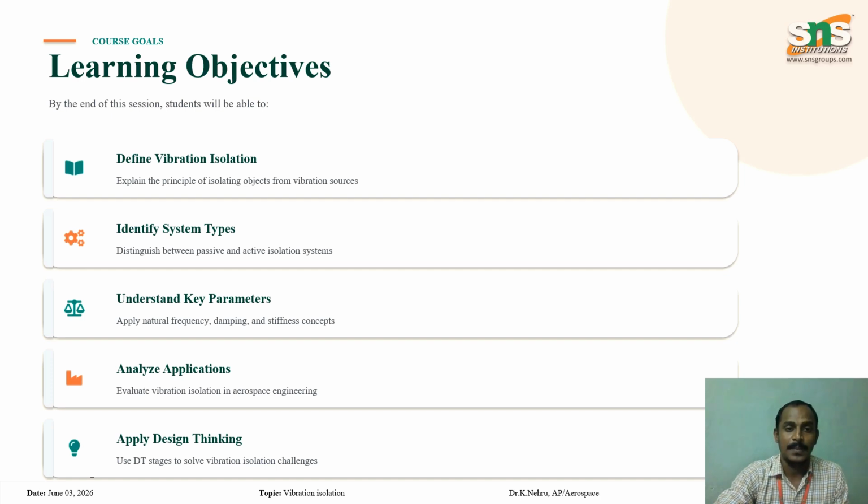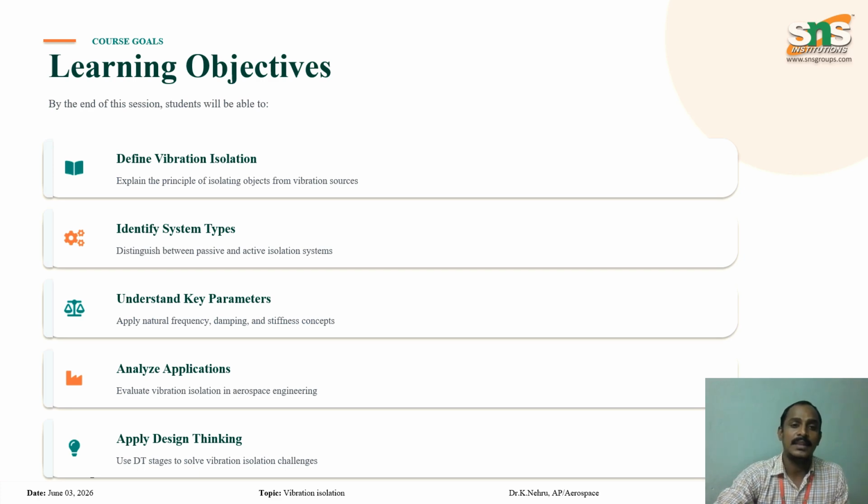Let's begin. Before we talk about vibration isolation, let us understand the objectives of today's session. First, understand and define the vibration isolation problem in engineering applications. Second, define the two major types of vibration isolators: passive and active. Third, understand the key design parameters including natural frequency, damping, and stiffness.